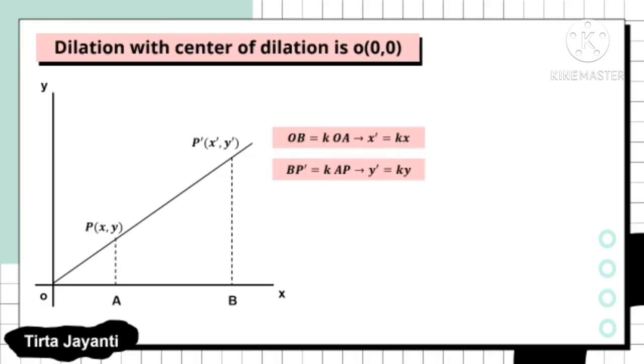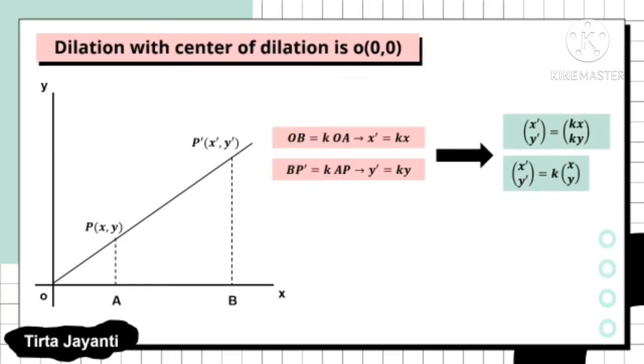Then, BP prime is equal to k times AP. So, y prime is equal to k times y. Both of these equations can be written in matrix form like this: the matrix (x prime, y prime) equals the matrix (kx, ky).